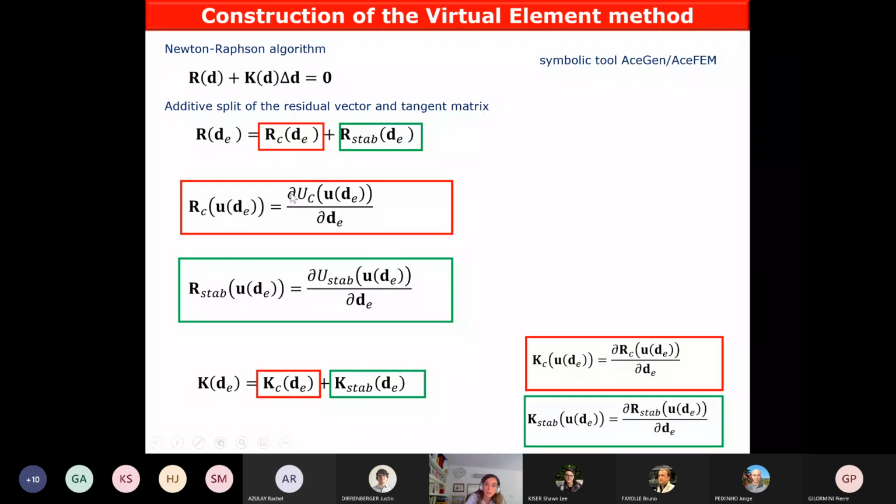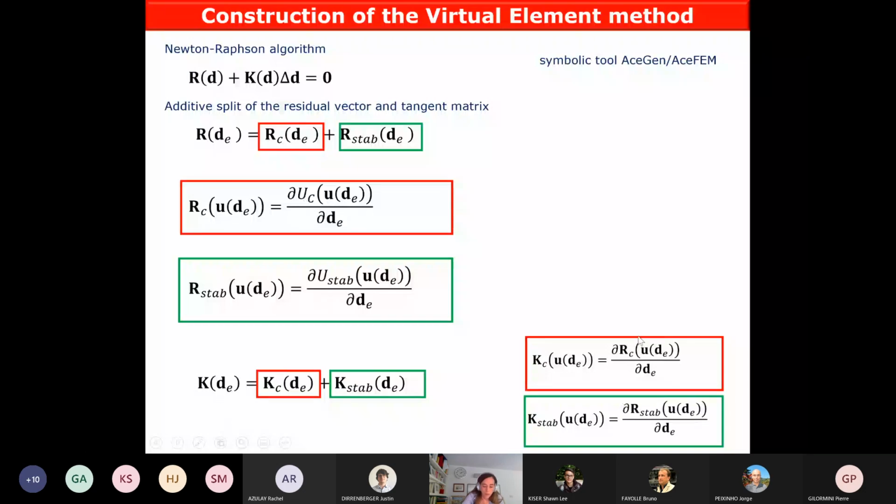by exploiting the differentiation of the strain energy function with respect to the displacement field, and a second part that is related to the stability, that is called the stabilization part. It is the same thing, but starting from U stabilized and not U consistent.